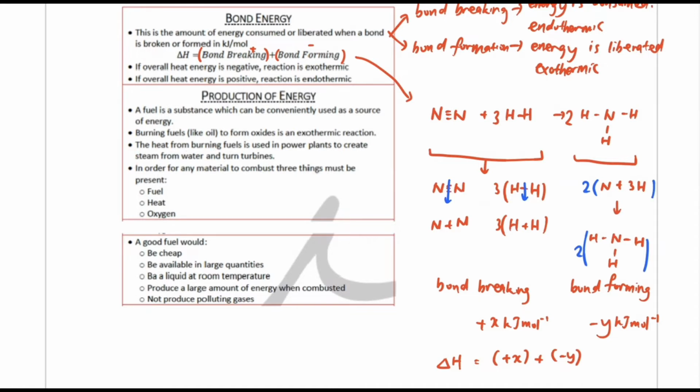The heat from burning fuel is used in power plants to create steam from water and turn turbines. One of the famous examples is the burning of coal. So you burn the coal. The coal is used to heat up the water.